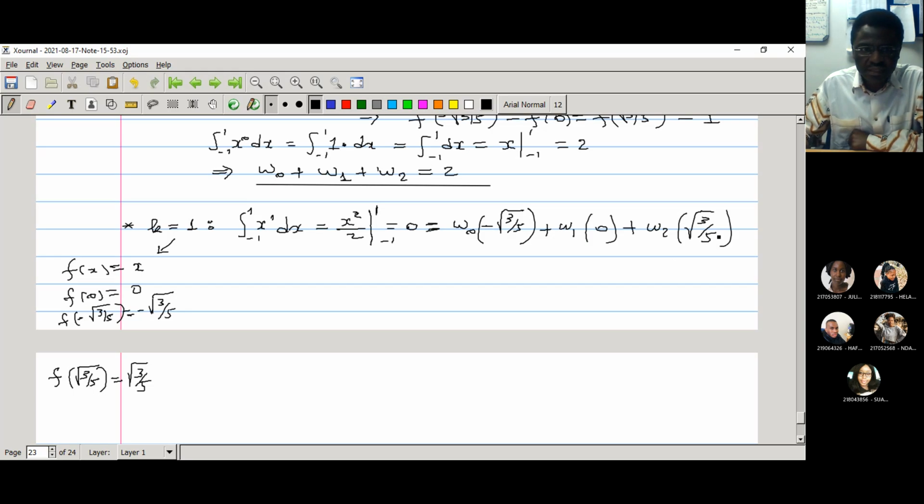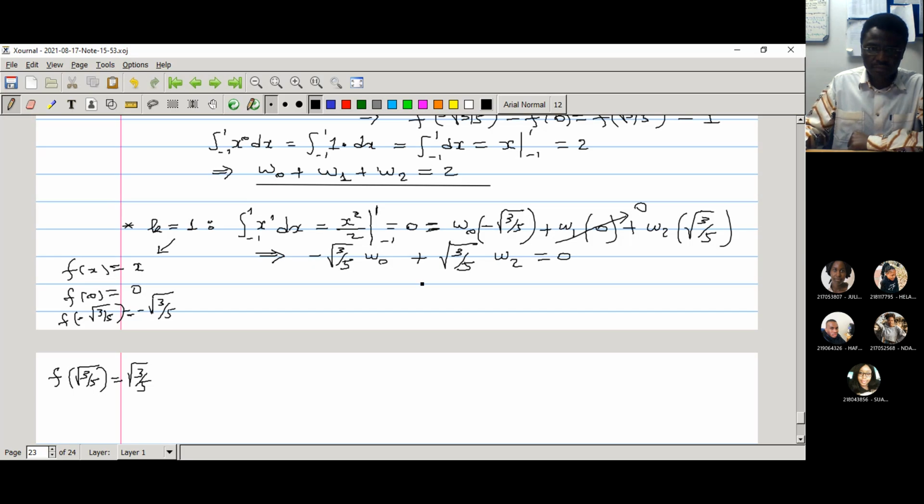So 0 is equal to that. So this implies that 0 is this, or I can write that this is 0. It's the same thing. So I can write negative square root of 3 by 5, W0, plus square root of 3 by 5 into W2 is equal to 0.